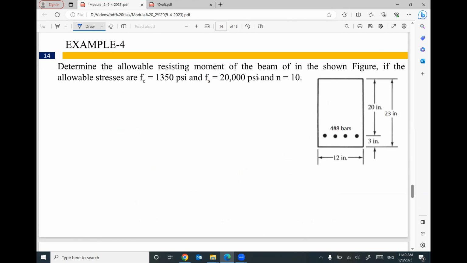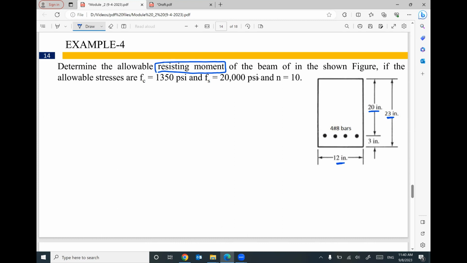So guys, we are given this cross section with B equal 12, your depth equal 20, and your total thickness equal 23. And the concrete is cracked, and we are going to use transformed section method to figure out the resisting moment.